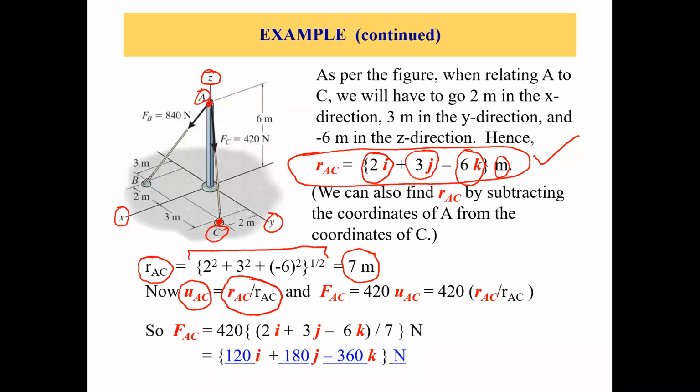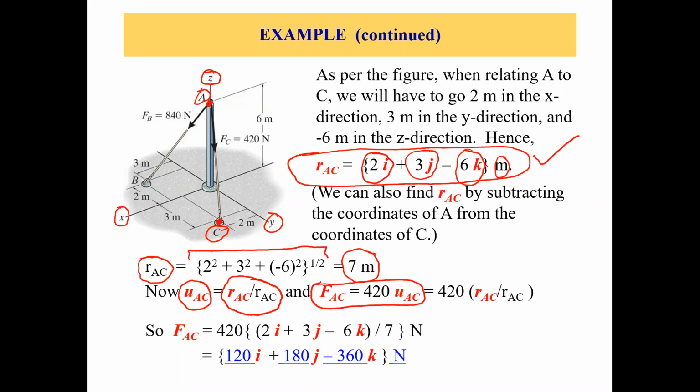And once we have the unit vector, we can find the force vector F sub AC in Cartesian form, which will be the force F times the unit vector U sub AC.